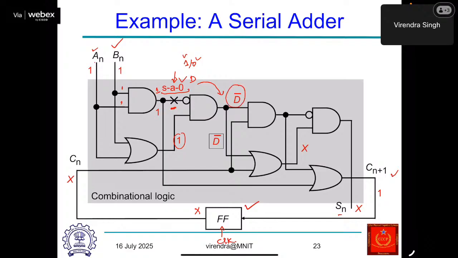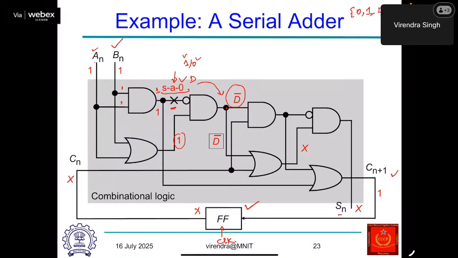I believe you have already gone through this five valued logic, wherein we have five different symbols: 0, 1, D, D bar, and x. We have to use five valued algebra. Now my fault effect is over here, and I want to propagate this to the primary output.